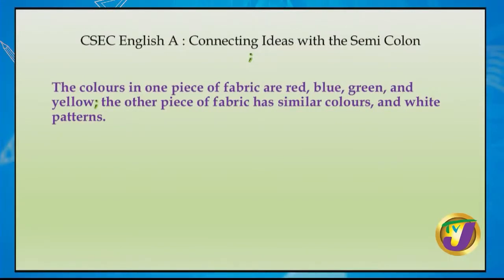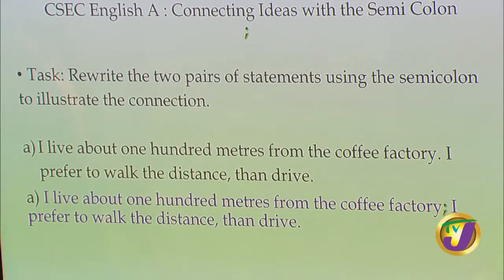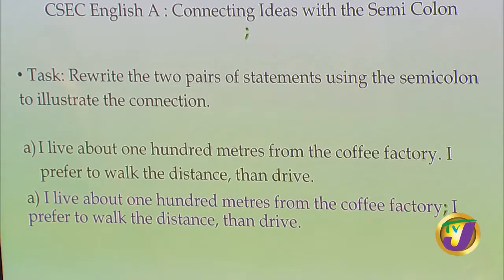Now, let us look at this. Based on the example that you just saw, how would you rewrite this? Okay, right here. So notice how you have rewritten it. I live about 100 meters from the coffee factory. I prefer to walk the distance than drive. So to rewrite the sentence, inserting the semicolon, what is the connection here?